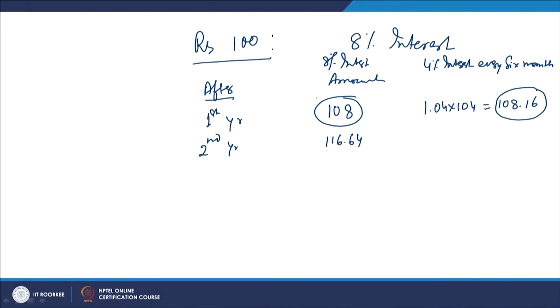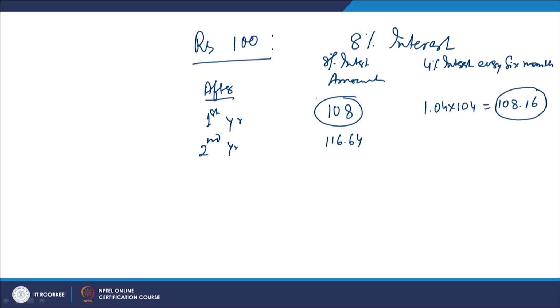So, this is 4% interest every 6 months, and the standard terminology used is 8% interest compounded semi-annually, that is what we call it. Because we are compounding the interest every 6 months, we call it compounding semi-annually, and you see that this becomes 108.16 instead of 108.